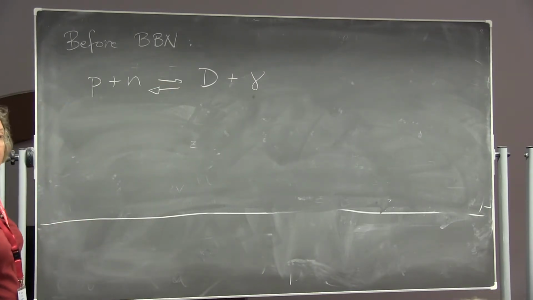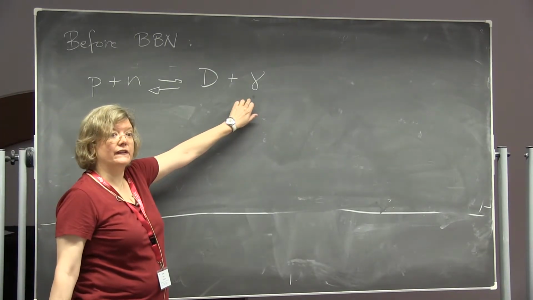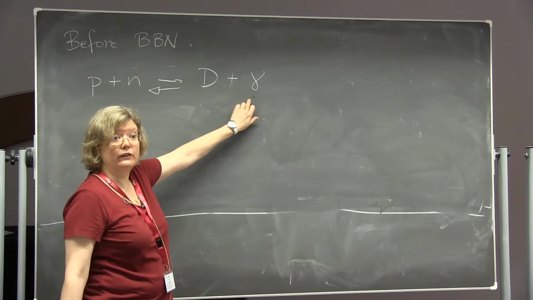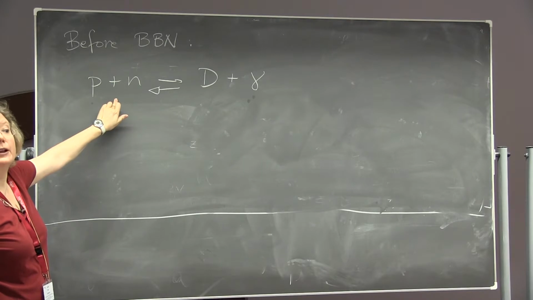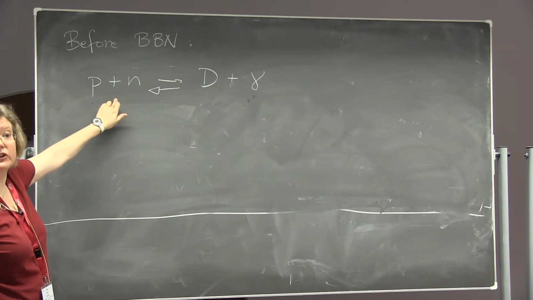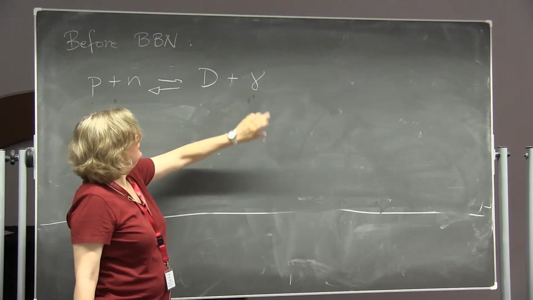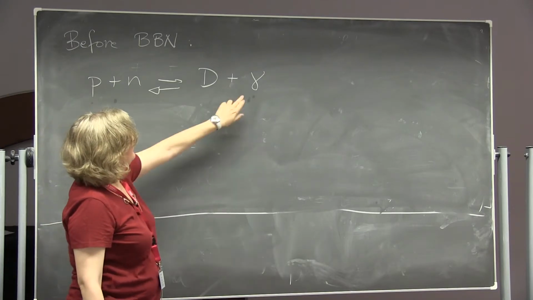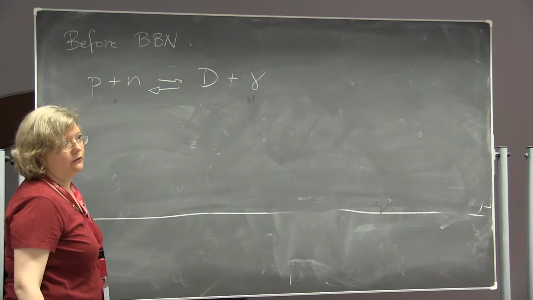And as long as you are in equilibrium, the number of photons present in the universe is much larger than the number of protons and neutrons, because we have a baryon number which is 10 to the minus 10 in comparison to the photon number. This means that it's very difficult to produce deuterium, because even if you produce it, immediately a photon will come and destroy the deuterium.